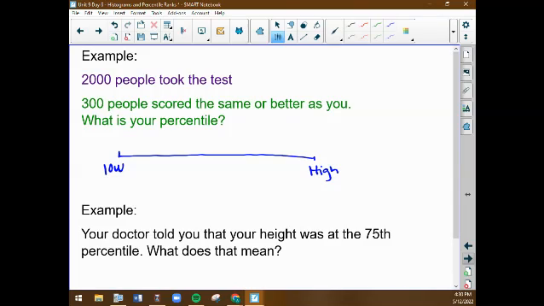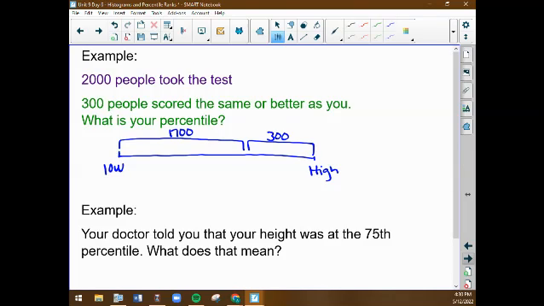So if 300 people scored the same or better than you, then you're like the 300th person in ranking, you've got the top 300 score. So then how many people are below you? There are 1,700 people that scored worse than you did.